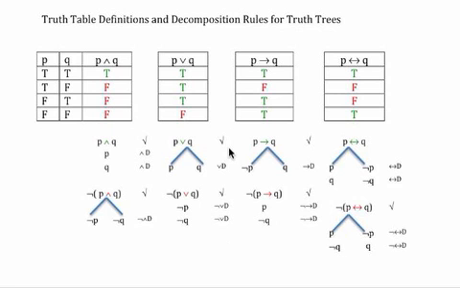That is the way that is signified here by this F. And then we look over here and we look at the values of P and Q when that occurs, and we see that in order for the negated conditional to be true, we have to have a true antecedent, so we stack P on top of a false consequent, so we stack P on top of not Q. We justify each of those by reference to negated conditional decomposition, and we check that off to indicate that we have taken care of that statement.